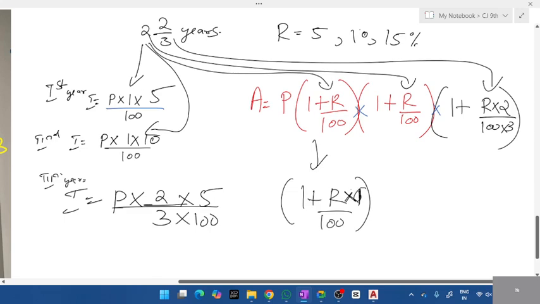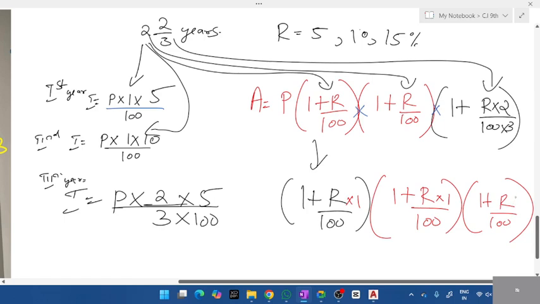So for 1 you don't multiply. It is the same formula we use. R into 1, and for the second year also 1 plus R divided by 100 into 1. For the third year, 1 plus R divided by 100 and time. Time is 2 by 3. That is how you multiply 2 by 3.